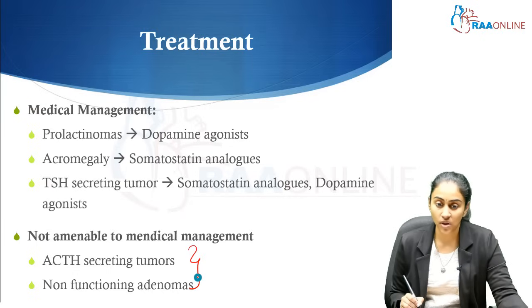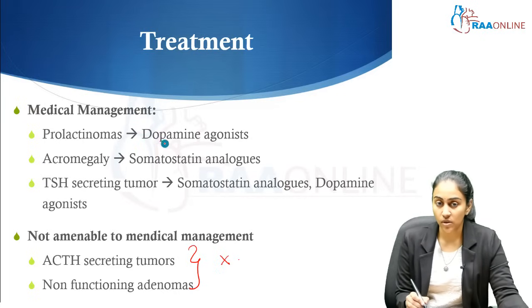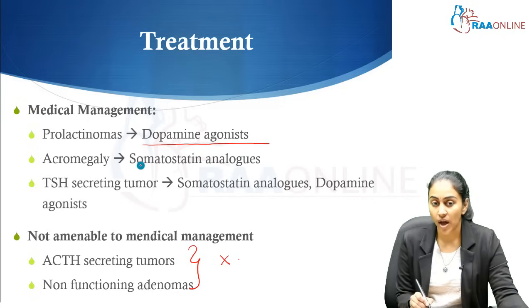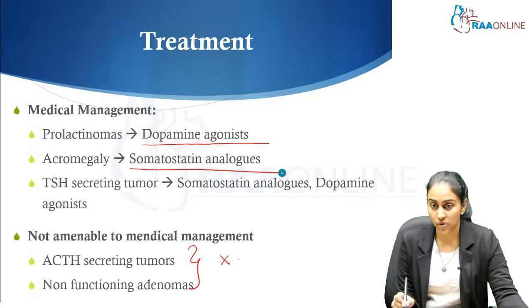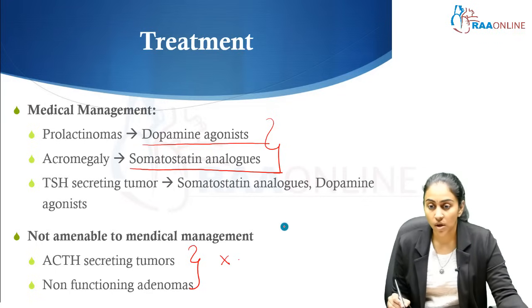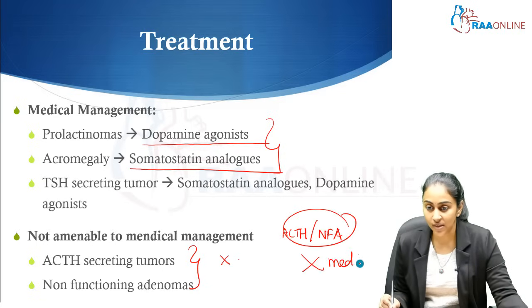ACTH secreting tumors and non-functioning adenomas are not amenable to medical management. So, for a prolactin secreting tumor, you have dopamine agonists. For growth hormone secreting tumor, you have somatostatin analogs. You can use both for TSH secreting tumor, but for ACTH secreting tumor and for non-functioning adenomas, these tumors are not amenable to medical management.